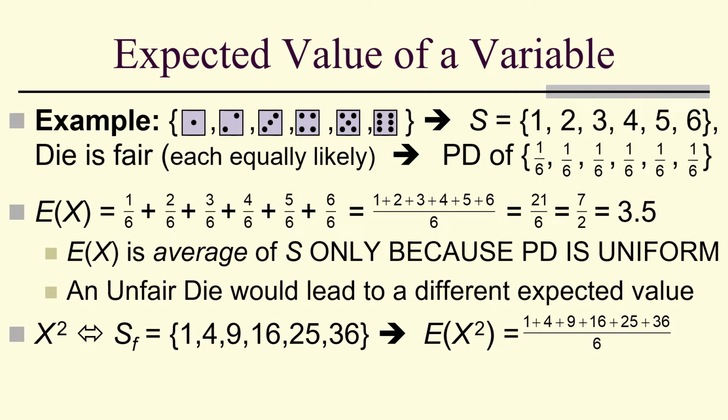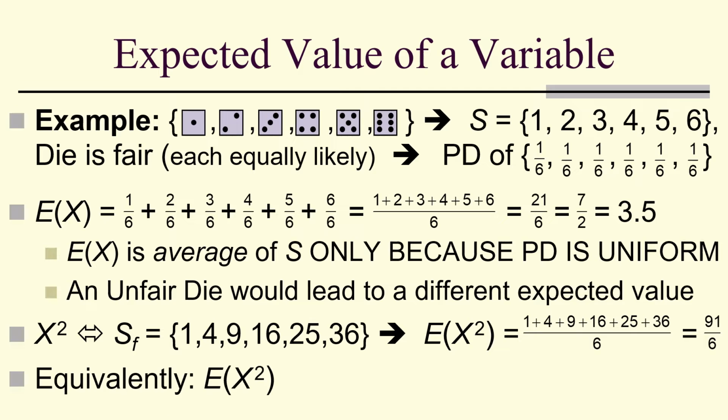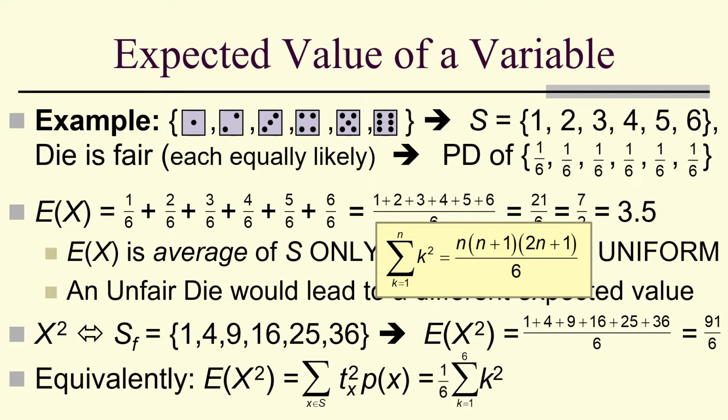The expected value is the average of those numbers, which in this case is 91 over 6. Or equivalently, we could use our definition of expected value of a function of x, and we end up with 1/6 times the sum k equals 1 to 6 of k squared. There's a formula for that sum. If we apply it, we get 91 over 6 again.